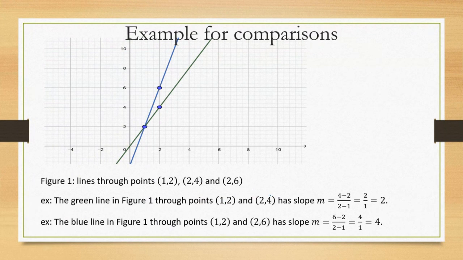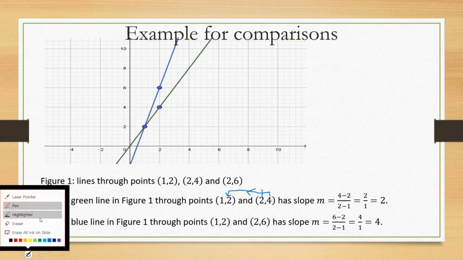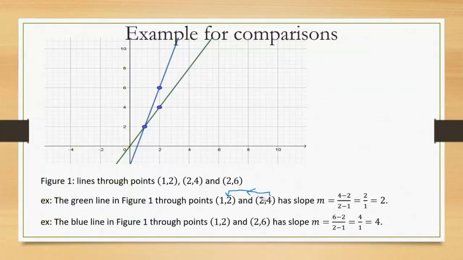Well, we have 4 minus 2. Again, change in y, divided by the corresponding, wait, let me fix that. Didn't mean to go up, meant to go down. Let me just fix that, I want to be consistent. There we go.